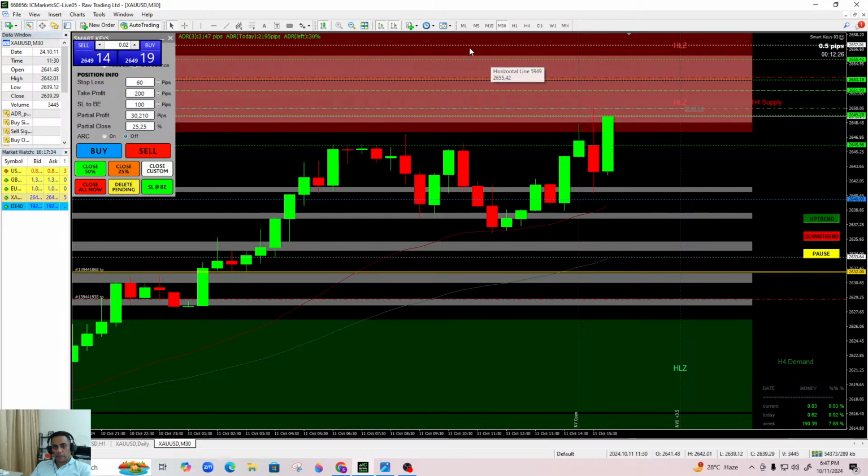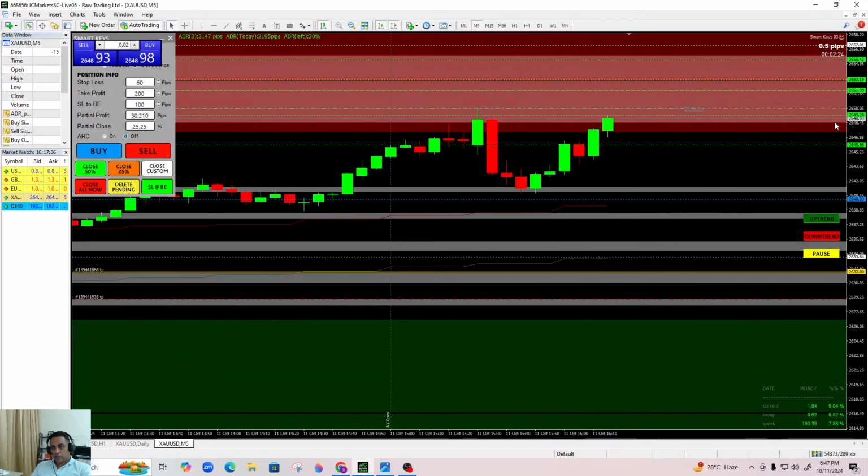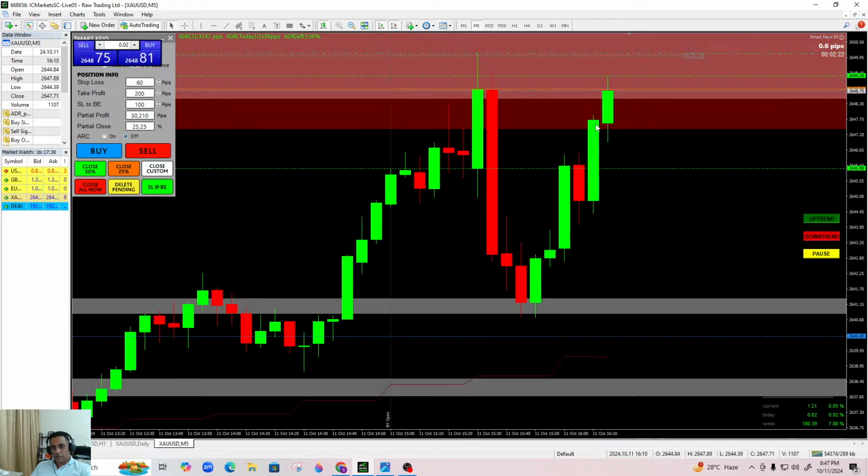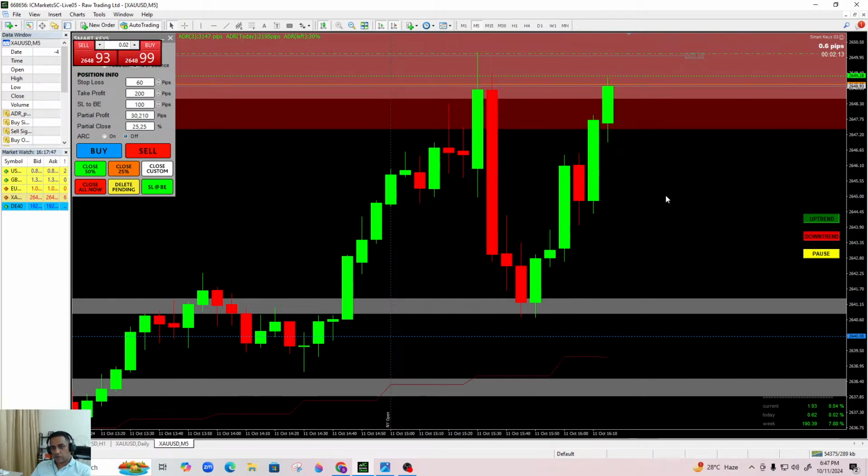Now we are pushing back up, right? So you can see, like I said, 5-minute candle close back in the high liquidity zone. So the next candle broke the high and is pushing back up. Get rid of that. It's not important anymore.